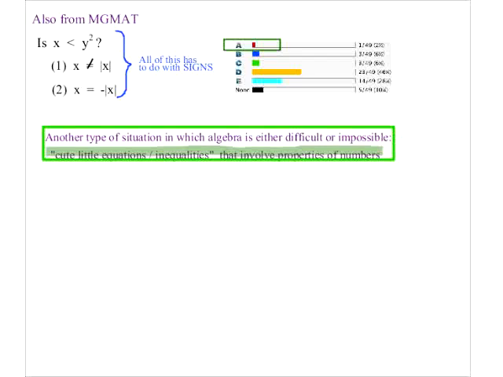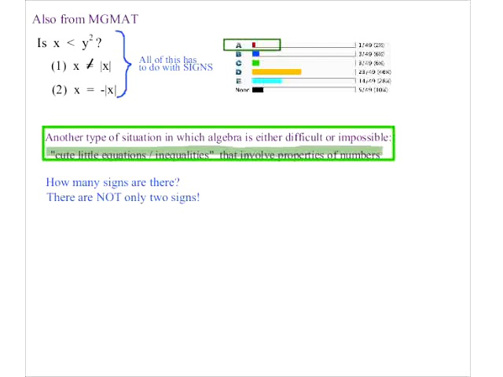Let me ask a really stupid question. How many signs are there? Yeah, there are not 2 signs, there are 3 signs. No, unknown doesn't count.